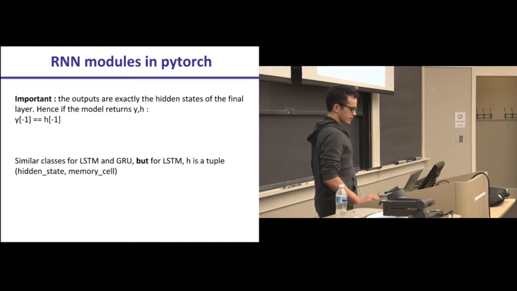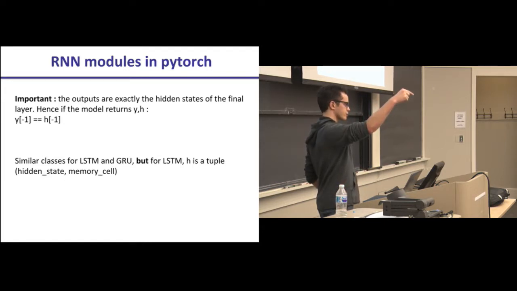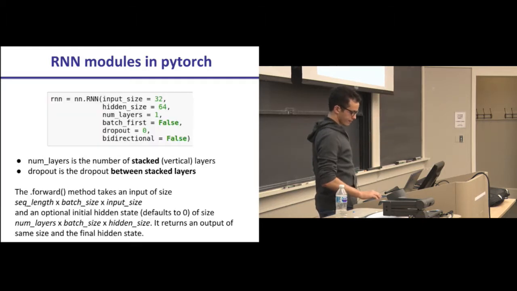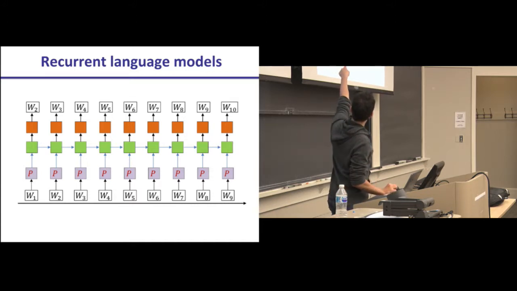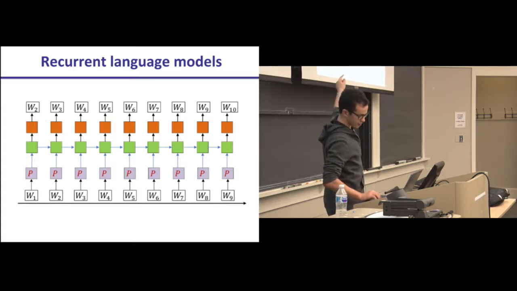So the one thing you know is that the output of the network at one step is exactly the same thing as, if you go there, what's in the horizontal lines for the RNN is actually the same thing as what's on the vertical lines, and it's updated at every step.